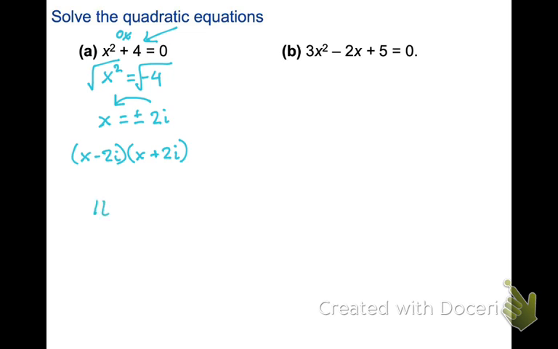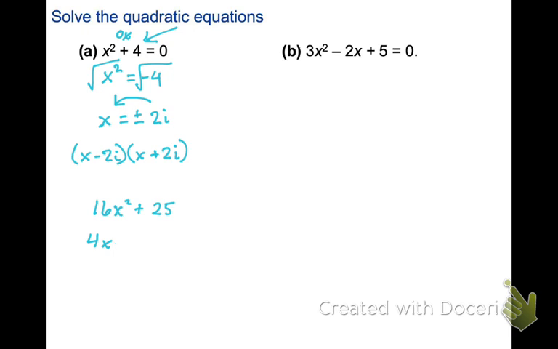So if I had 16x squared plus 25, you'd say, yay, I could factor that if it was a negative, right? But since it's a positive, we're going to do the same thing. Wouldn't it be 4x minus, oops, I have to put the i.